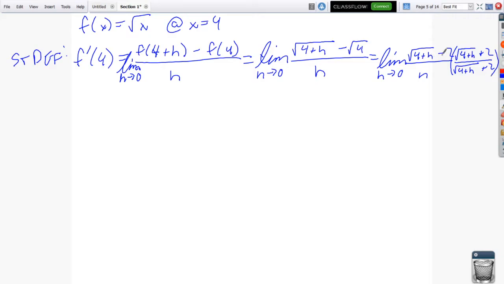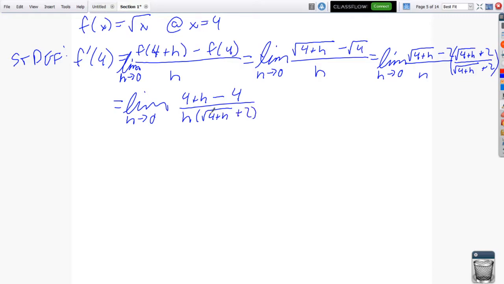Now when I multiply by the conjugate, I now have difference of squares in the numerator. Difference of squares means I just have to do first and last. It's that a squared minus b squared that we have. So we've got the limit as h approaches 0 first. So I've got square root of 4 plus h times square root of 4 plus h would give me 4 plus h, minus 2 times 2 gives me 4, all over h times the quantity of square root of 4 plus h plus 2.